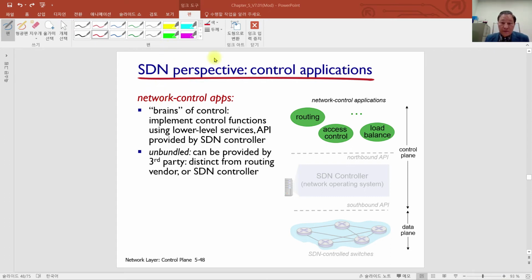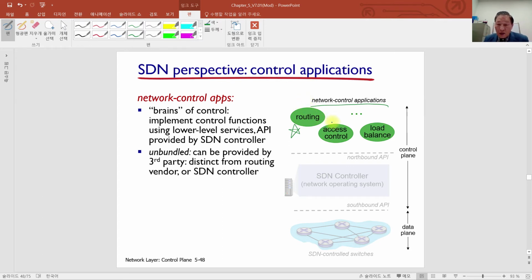Here, the network control applications for the router, the previous router, are doing the routing functionality.